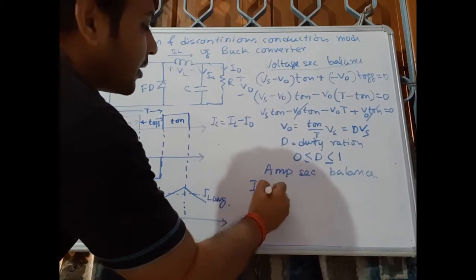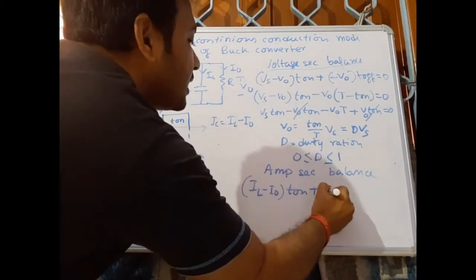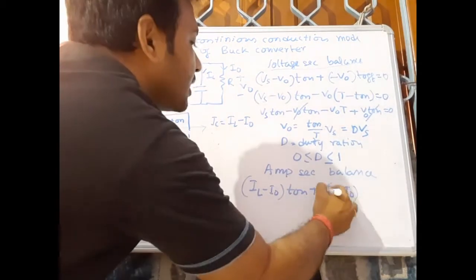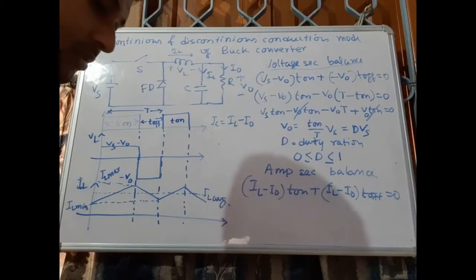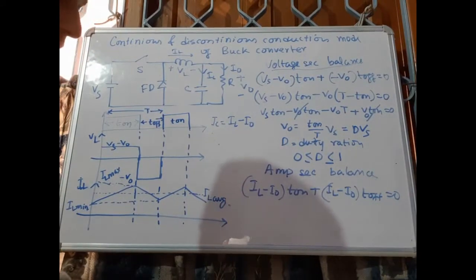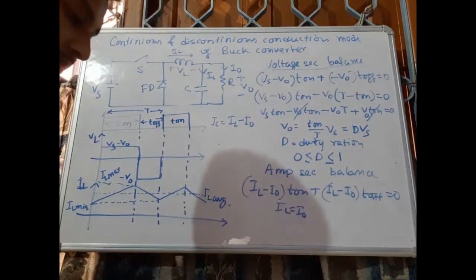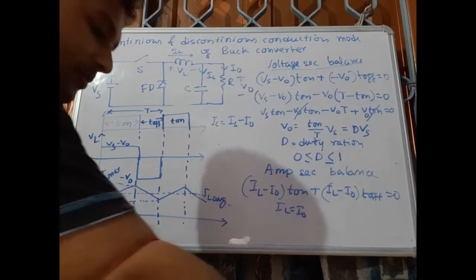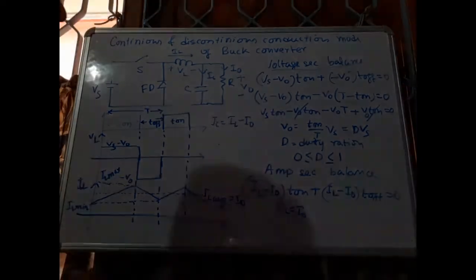So (IL minus I naught) into T on plus (IL minus I naught) into T off is equal to 0. Now from this we can conclude that IL equals I naught. So the average IL is actually equal to I naught.